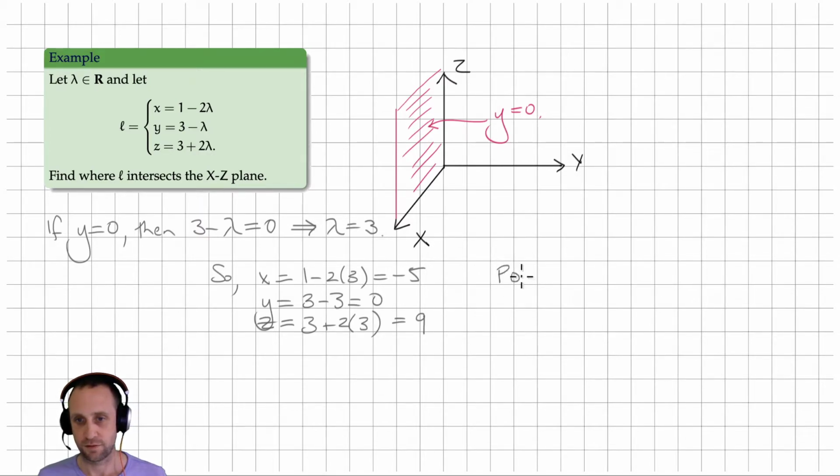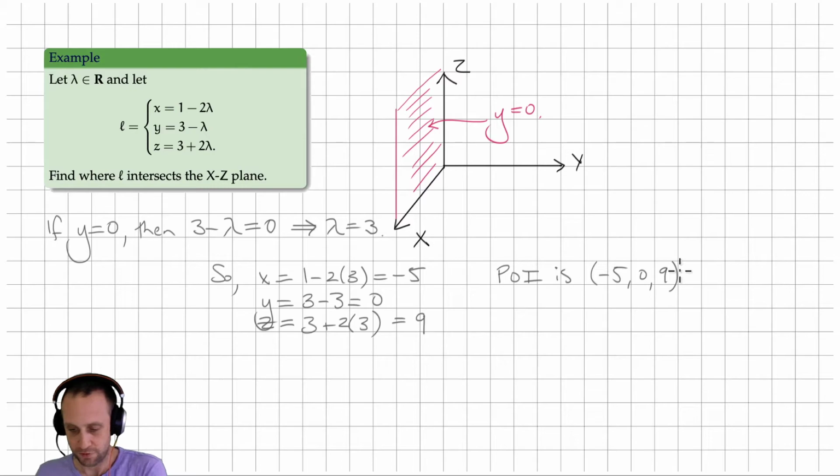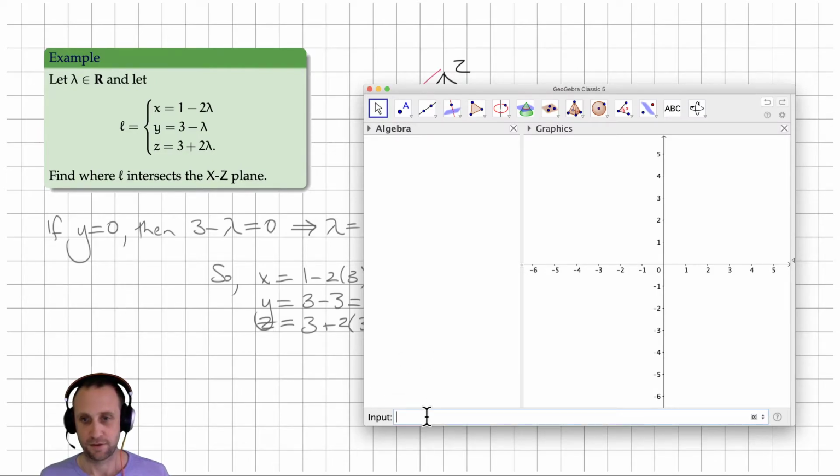The point of intersection is minus 5, 0, 9. Okay, good idea now to jump into GeoGebra or your favorite graphing software and just confirm that that's the case. So what do we need to do here?